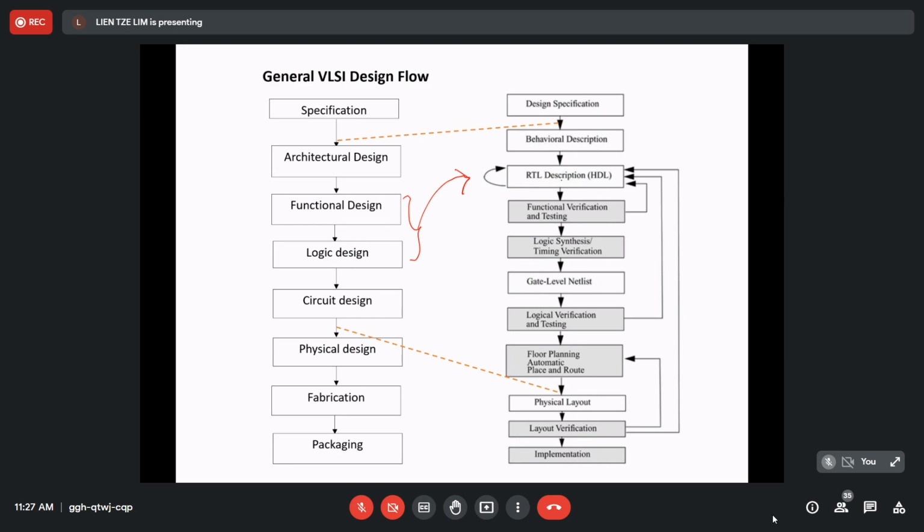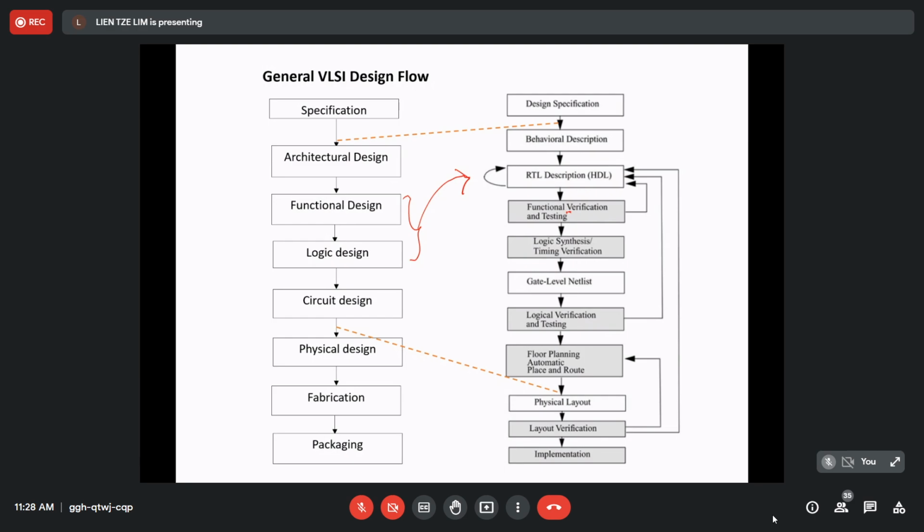After the design is complete, we need to perform functional verification and testing. Just now I have already mentioned, if the operations of the circuit are not correct, then it needs to be corrected and re-verified. After the verification is done successfully, we need to perform logic synthesis.